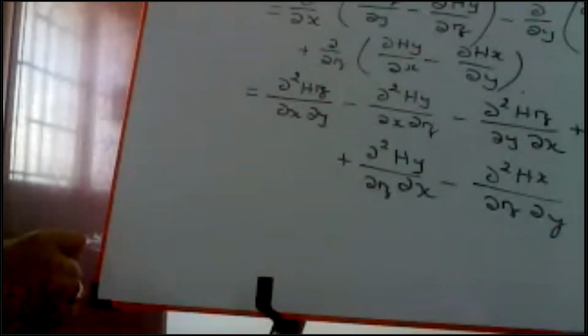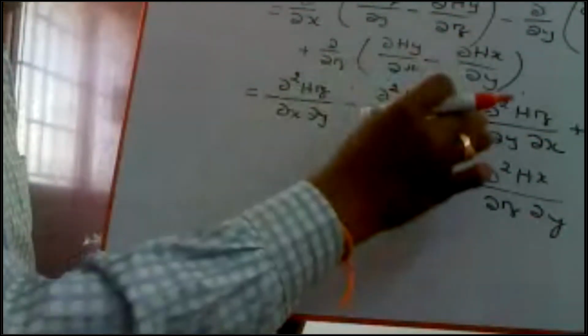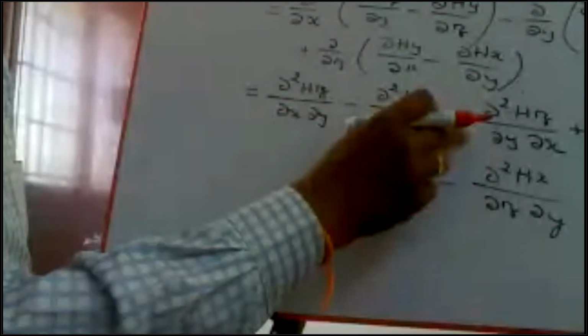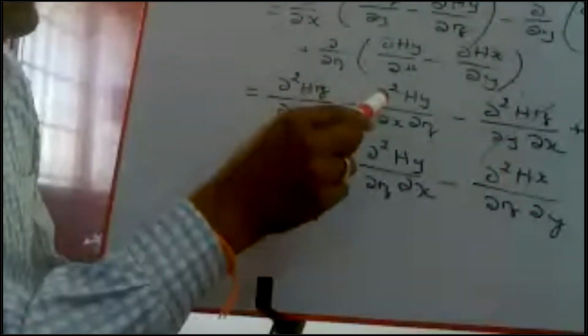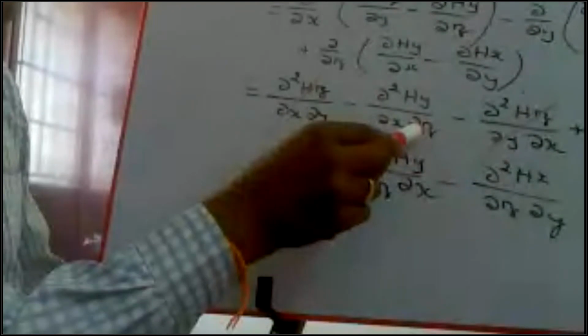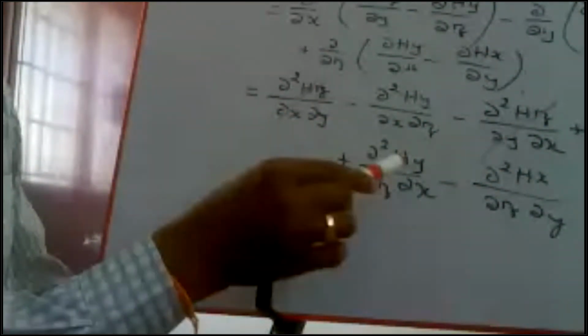Okay. Now, if you look at the terms, what happens? You see, dou square hz by dou x dou y. This term can get cancelled with this term, dou square hz by dou y dou x. So these two terms can be cancelled. First one, dou hy by dou x dou z, negative sign it is. Here you see plus dou hy by dou z dou x.